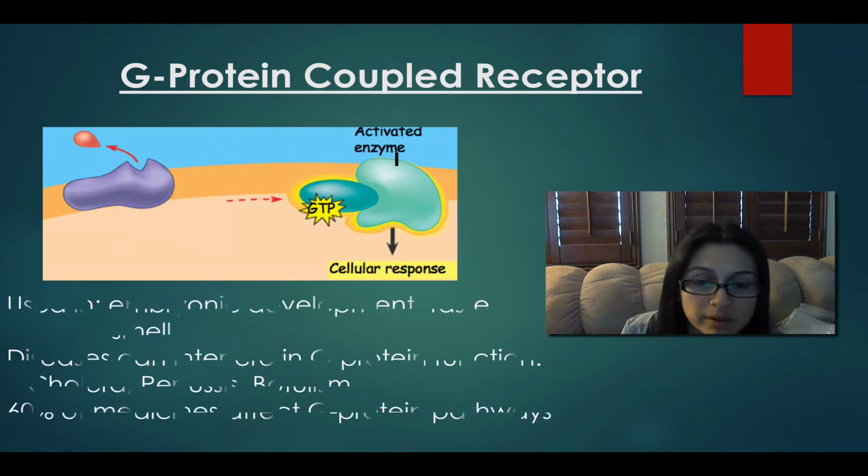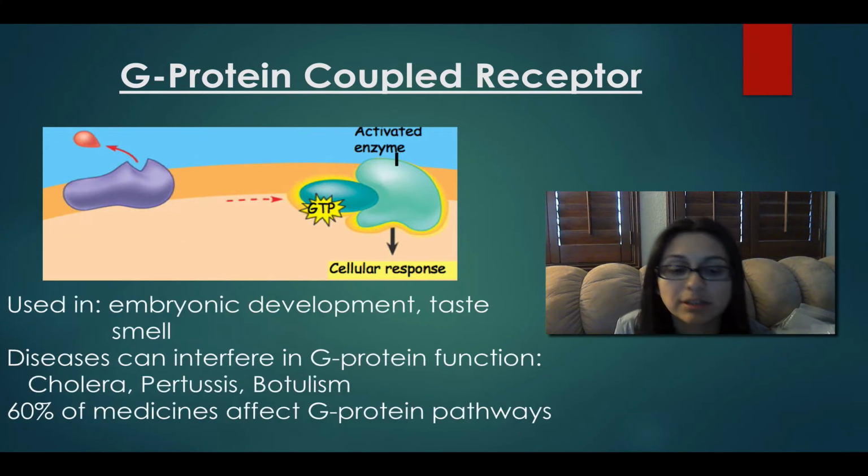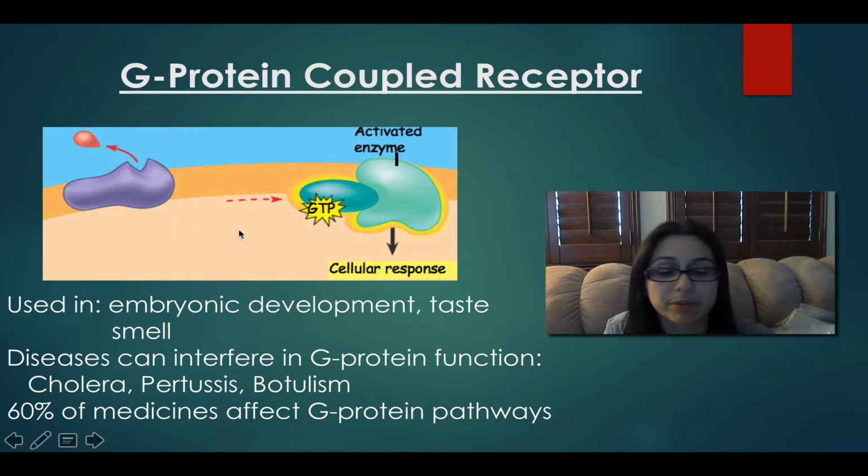Now, G proteins are often used in embryonic development. They're used in sense of taste, sense of smell. There are many diseases, including these here, cholera, pertussis, botulism, where there's actually bacteria that create toxins, molecules that can interfere in the activation of a G protein coupled receptor.